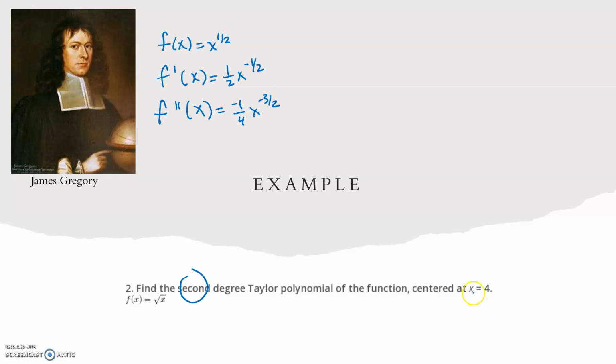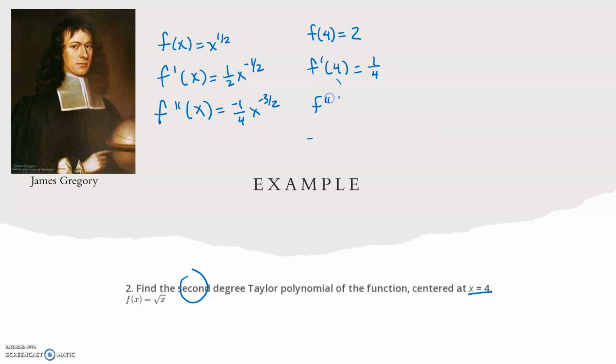Now I want it to be centered at 4, so I'm going to plug 4 into all of these derivatives and the value of the function. So the square root of 4 is 2. 1/2 times 1 over the square root of 4 would be 1/4.